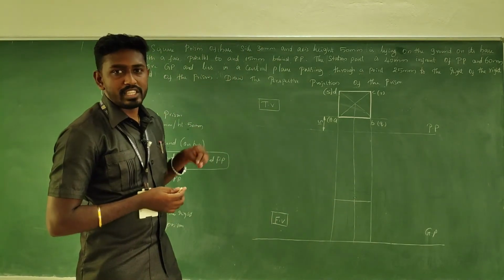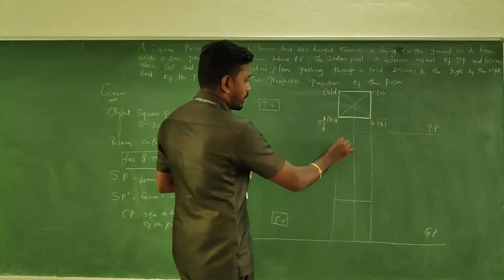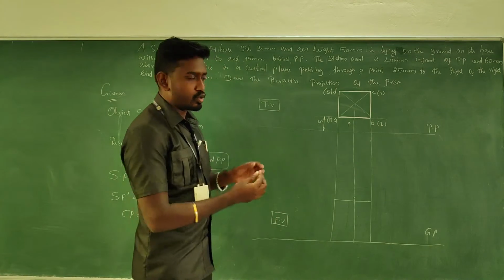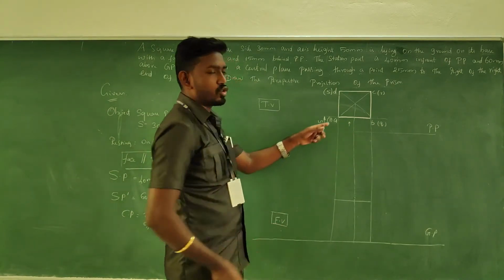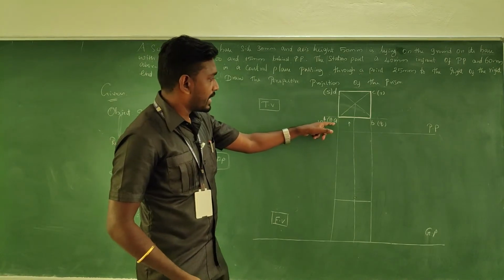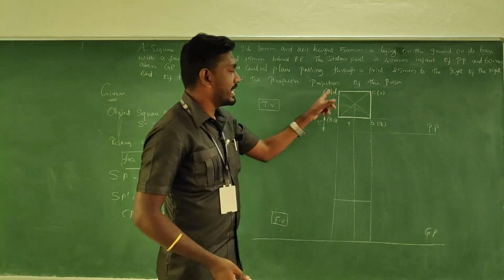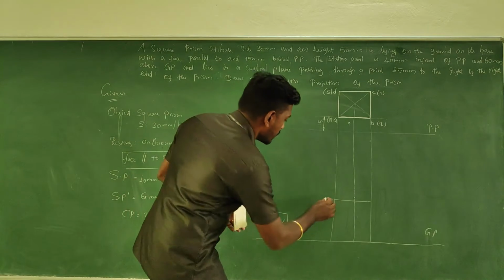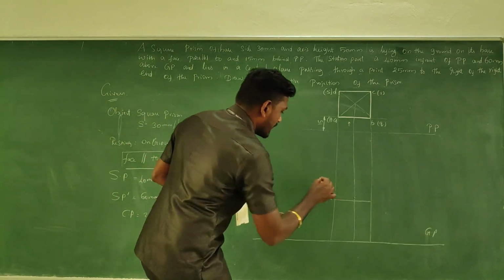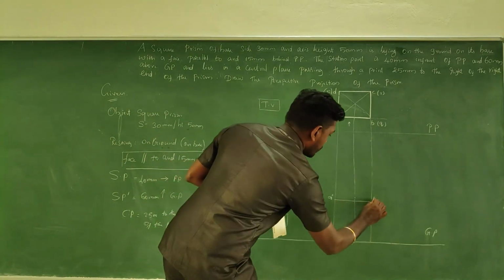And the notation is very important. It's a front view, so you need to look at the object in this manner. In the front view, of the top base, A and B will be visible, C and D will be invisible. So A is visible, and since it's a front view, it should have a dash mark: A dash, B dash.